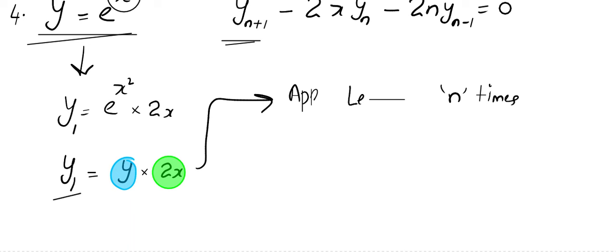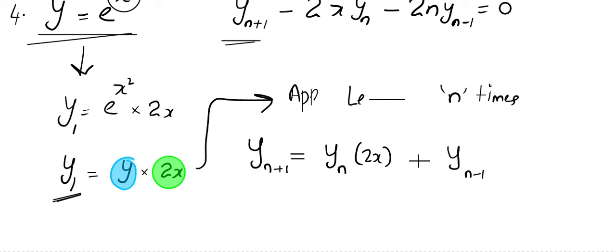So when we apply Leibniz theorem for the left side, it becomes yn plus 1. And here we have a product. So yn, copy the second function as such, plus yn minus 1. Oh, I forgot that n. And the derivative of the second one, 2.